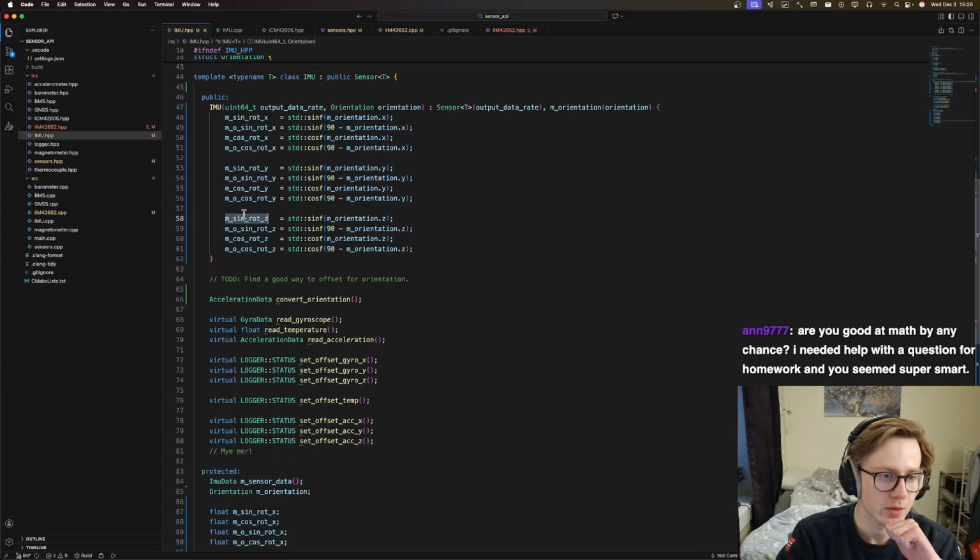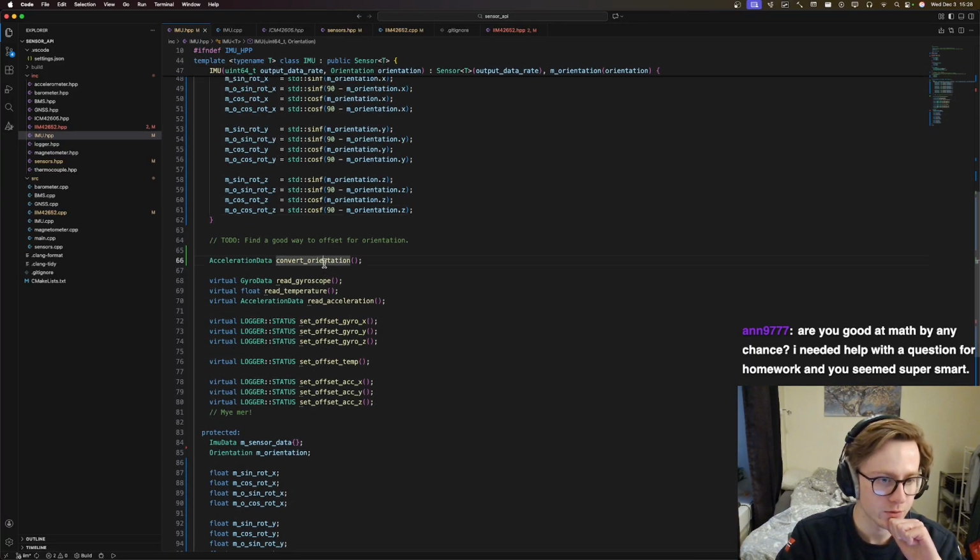Nice. Now we should have these angles. Convert. Let's call this acceleration.